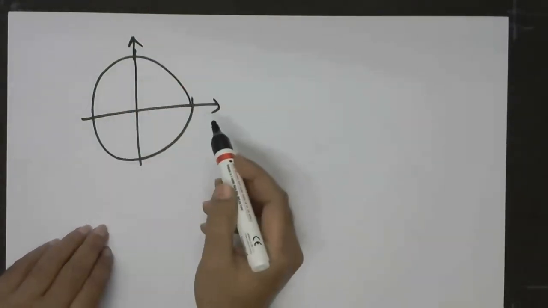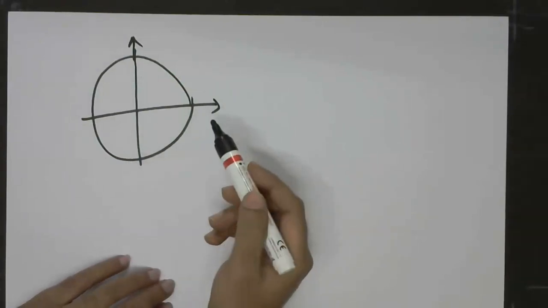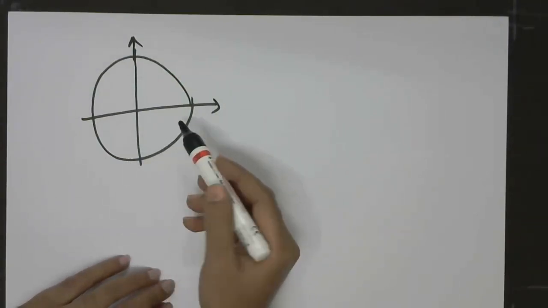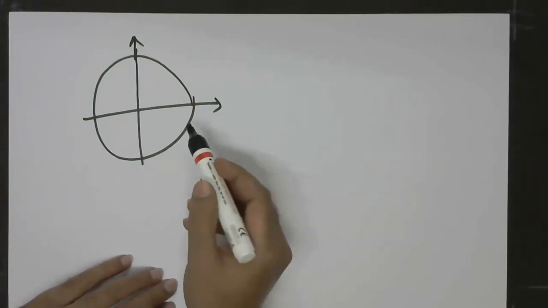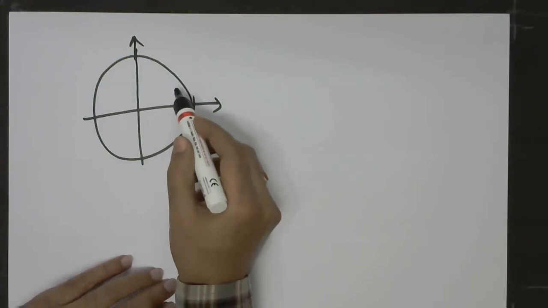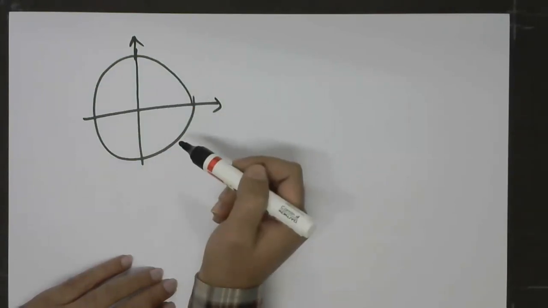So we say that this is the phase plane, and this phase plane is similar to what we encounter in circular motion, where there is a particle moving along a circle of constant radius with a certain angular velocity.